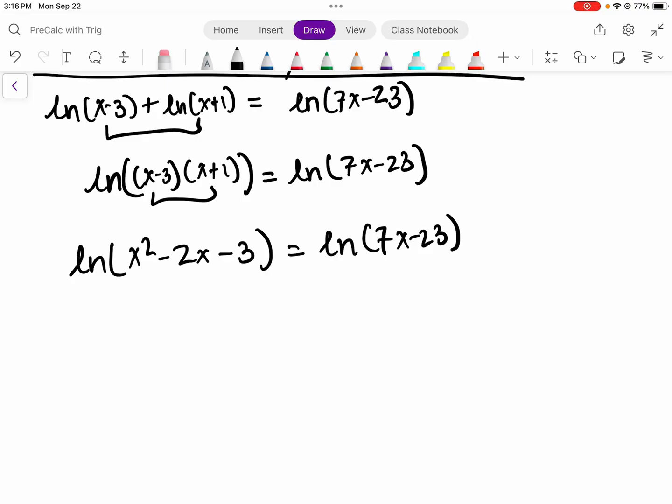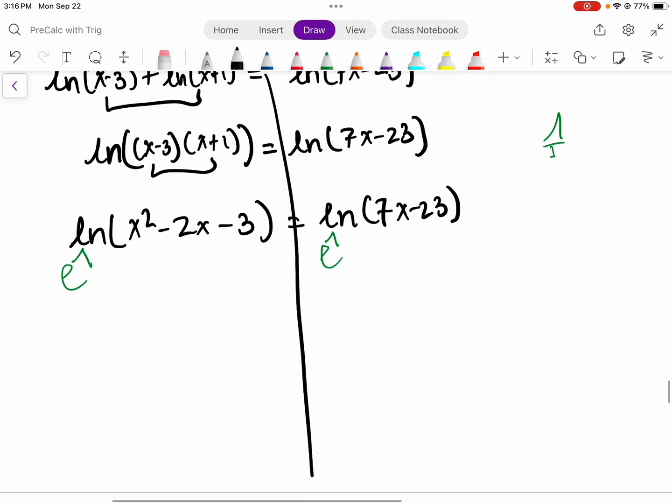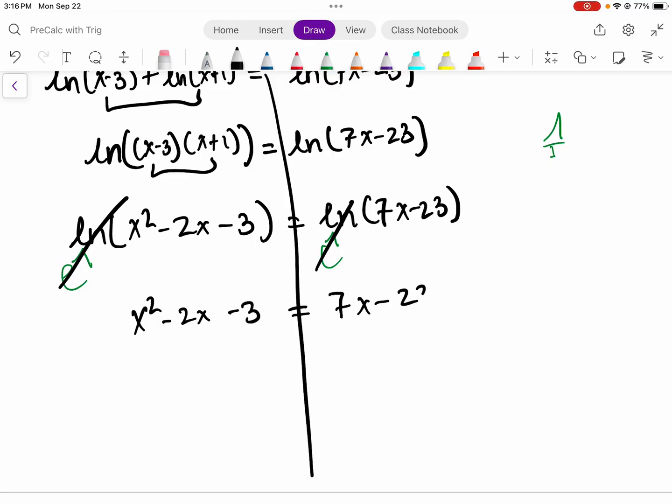Cool. And now we can go ahead and get rid of the logs. So I'm gonna caret both sides. I say caret because this kind of looks like a carrot, I guess, or that's how they call it. So once I do that, that's gone, and you're left with x squared minus 2x minus 3 equals 7x minus 23.